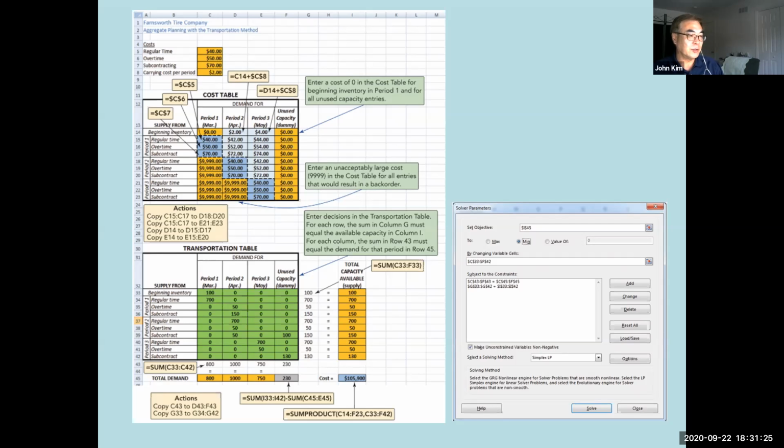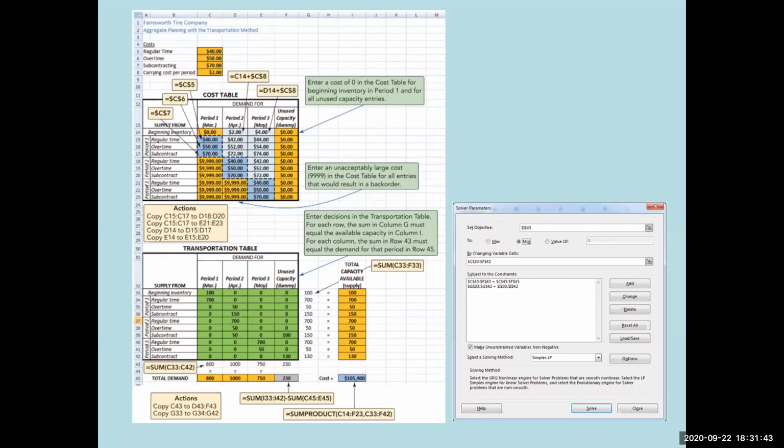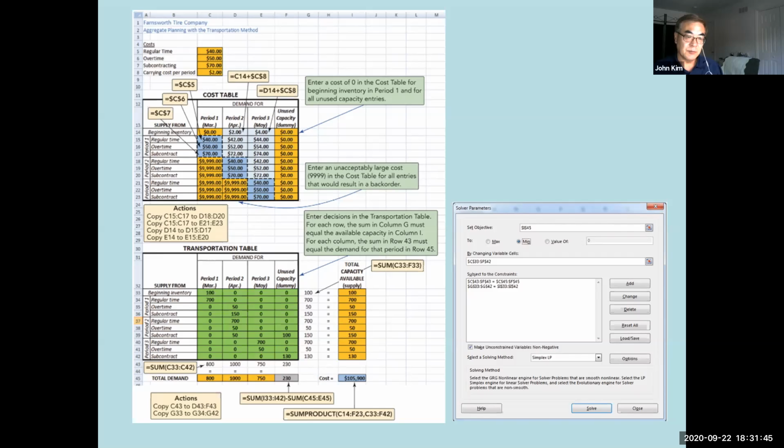Do you have any experience or knowledge about the Excel solver earlier? No, this is the first time I used it. First time. But it was okay to do that assignment using my steps and my instruction, right?